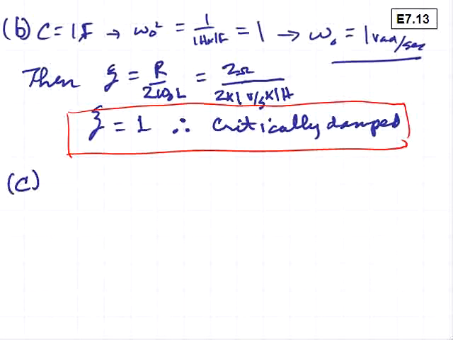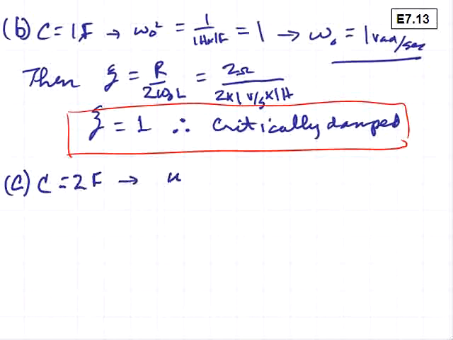Part C of the circuit problem. For part C, the capacitance is equal to 2 farads.